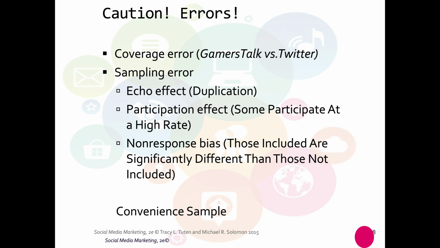So, also a participation effect. It kind of relates to the Pareto's principle, the 80-20 rule, which you can apply to all sorts of stuff. In this case, we'll say that 20% of the Twitter users generate 80% of the tweets. And that's loosely true for Twitter.